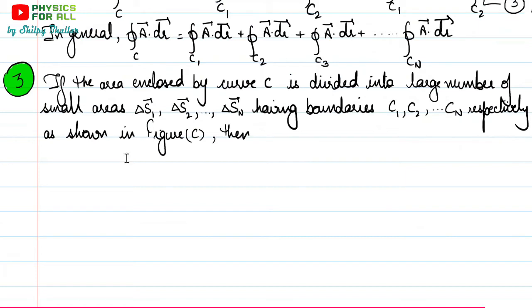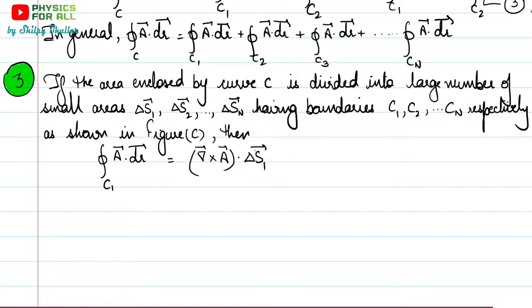If the area is divided into a large number of small areas, they would definitely have different boundaries. In that case, if we write down the line integral of vector function A along only one curve, let's say C1, then that would be equal to the curl of vector function A dot delta S1.